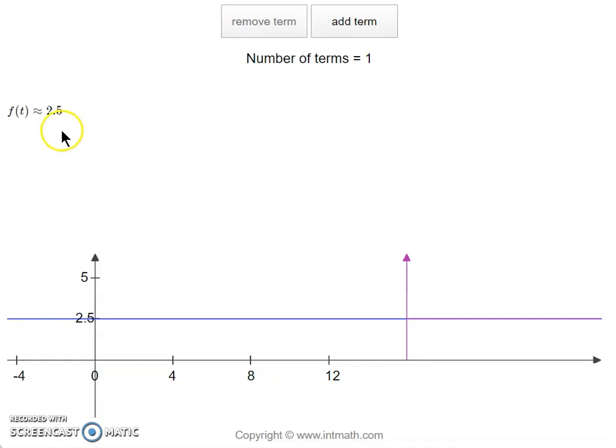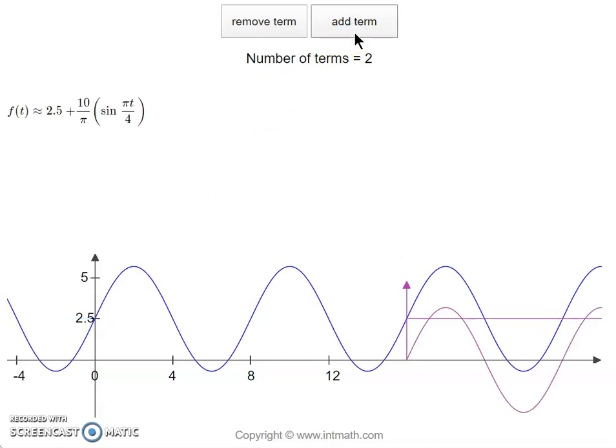Now, let's say we have a function f(t) represented by a Fourier series. Let's say it starts with one term only, which equals 2.5. So, we have a linear function of 2.5 for the whole t. Now let's say I add one term of the sine function, 10 over pi sine pi t over 4.